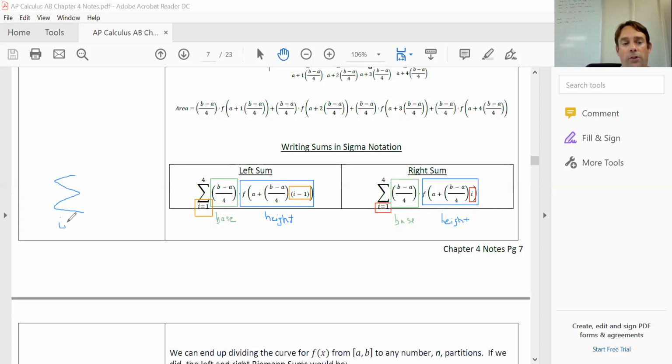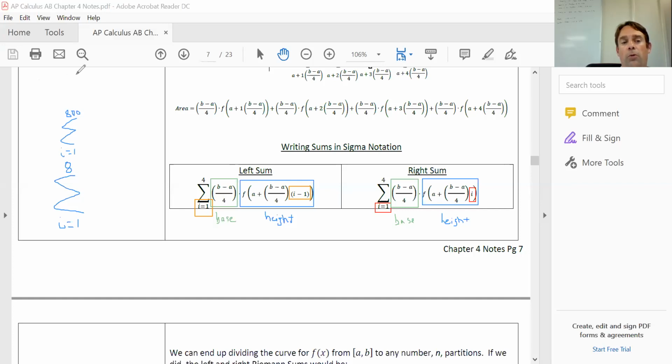So eventually we get to the point where we say, okay, well, what if we had 8 rectangles? It'd be closer. And then you say, all right, well, what if we added 800 rectangles? That would be a lot closer. And we just keep getting closer and closer and closer.